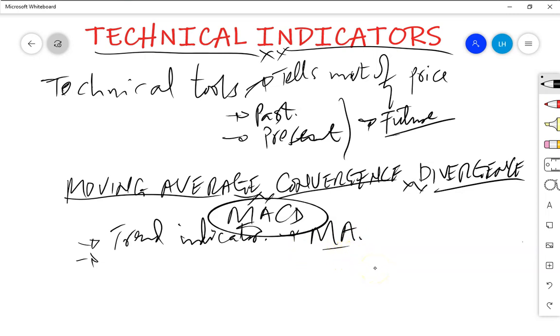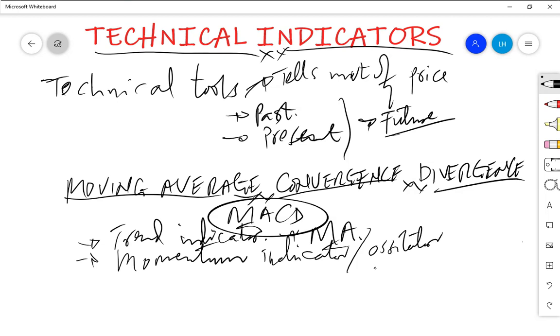It shows the trend, and the MACD may also show you momentum. So it is also a momentum indicator, or sometimes we call it an oscillator. You can find it within the category of oscillators. Being an oscillator or momentum indicator, it does the same function as the RSI.